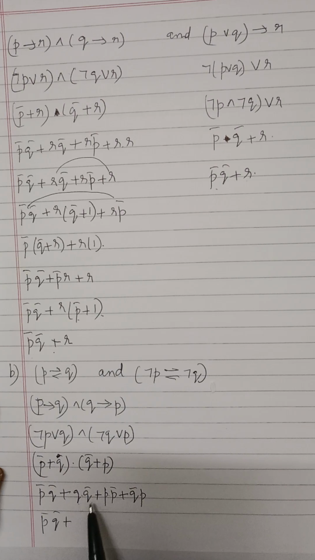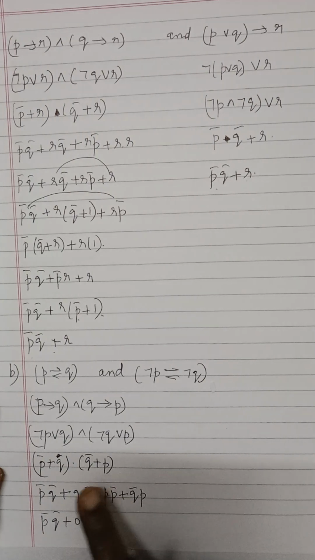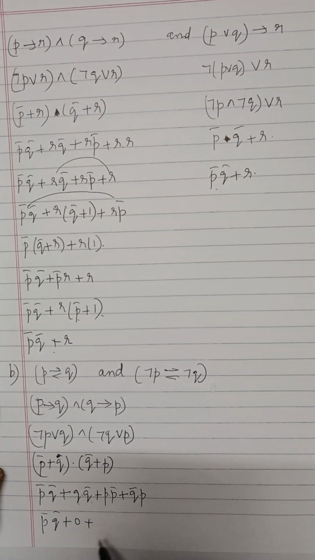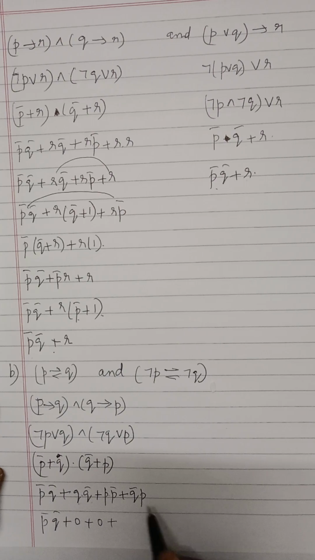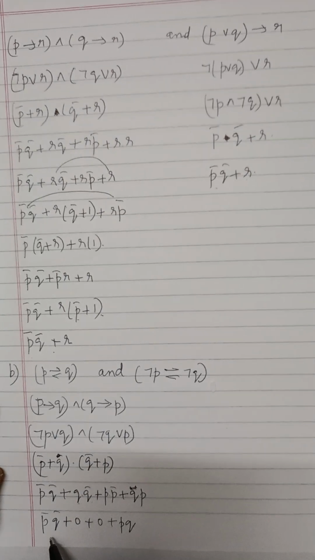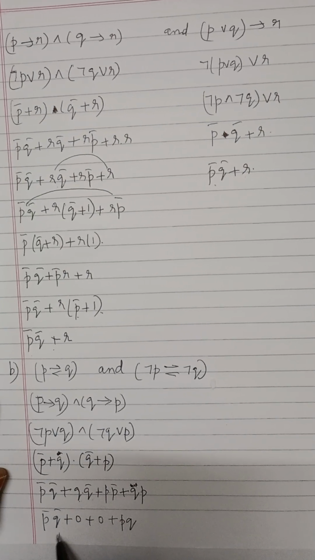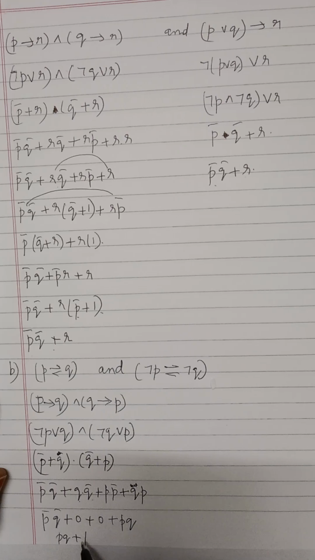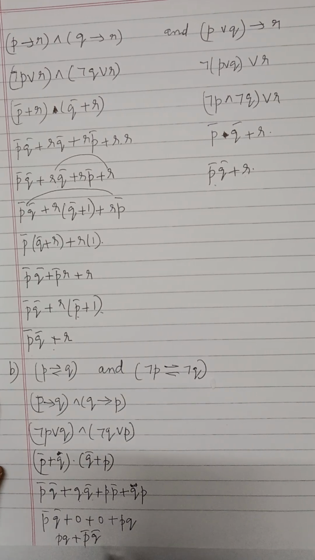What is the value of Q into Q bar? Q into Q bar will be 0, right? So this is 0. Then P into P bar will also be 0. Now the last one is P and Q, so it's PQ. So the value is PQ plus P bar Q bar. Okay, this is the answer, PQ plus P bar Q bar.